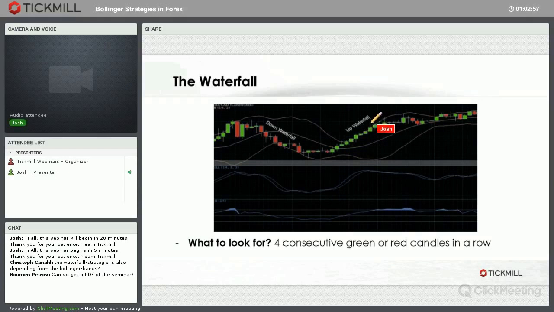As long as you're not seeing this shooting star effect, which is a sign that the waterfall is ending, and look, it eventually did end. As long as they're hugging the upper Bollinger Band, that means that the waterfall will continue. So that's a good indication.